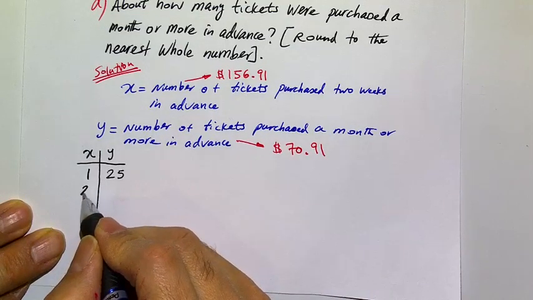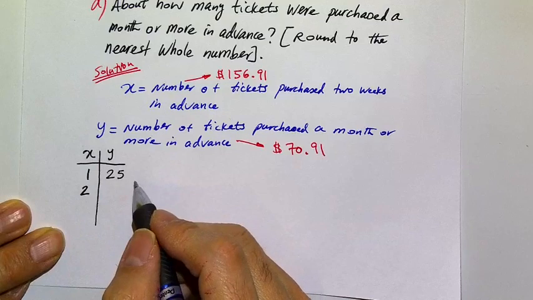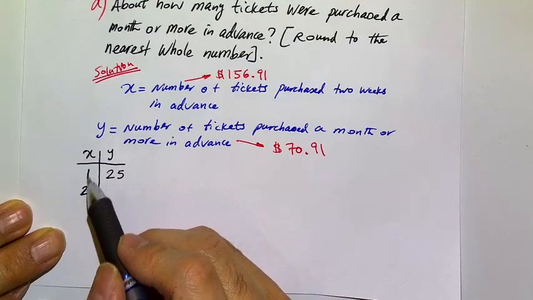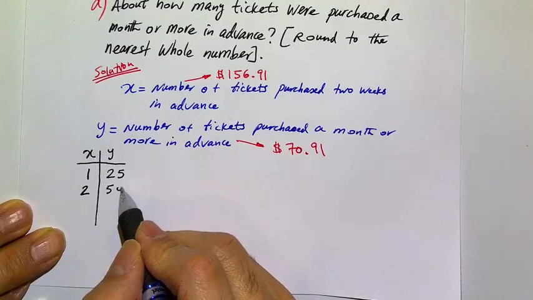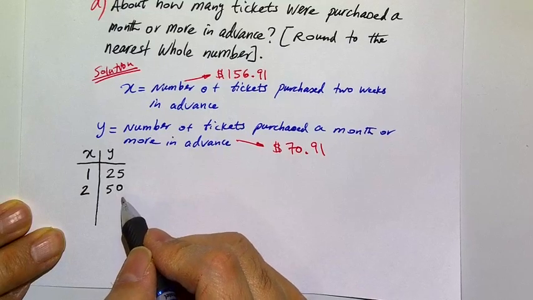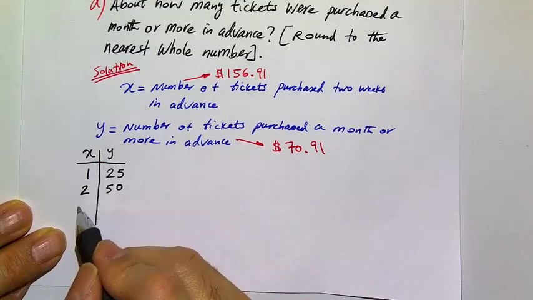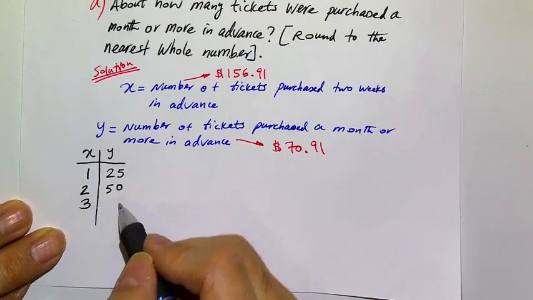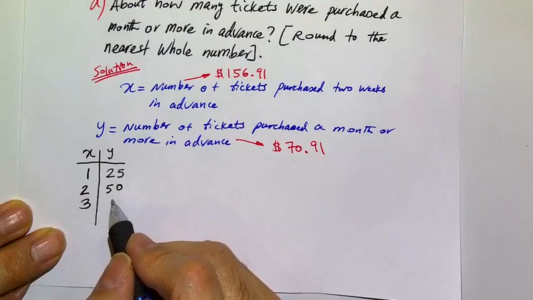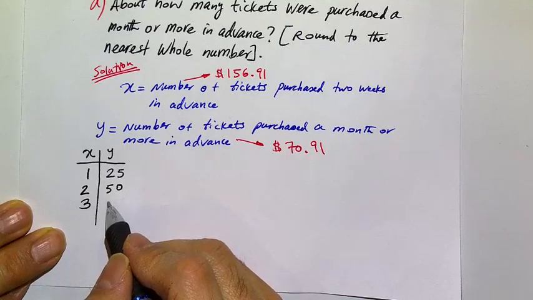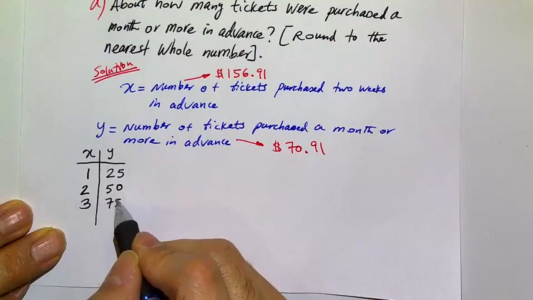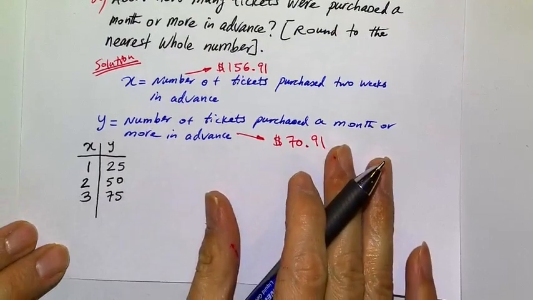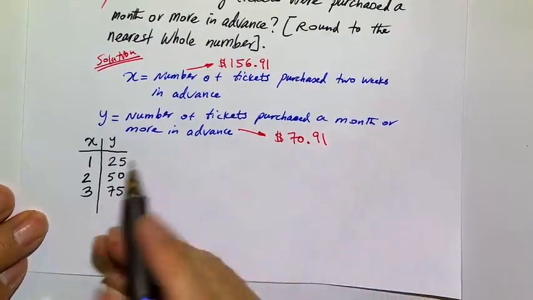If two people purchased the tickets 2 weeks in advance, then 50 people must have purchased the tickets a month or so in advance. If 3 people purchased the tickets 2 weeks in advance, then 75 people must have purchased the tickets a month or more in advance.